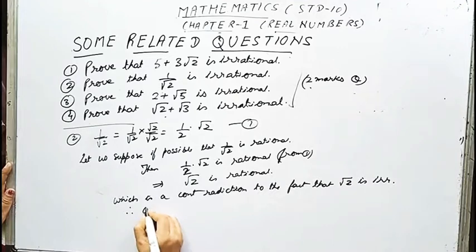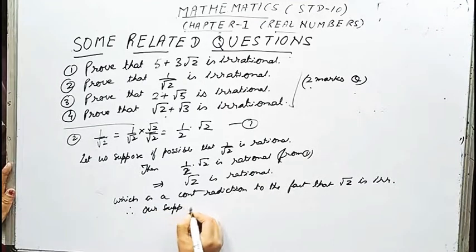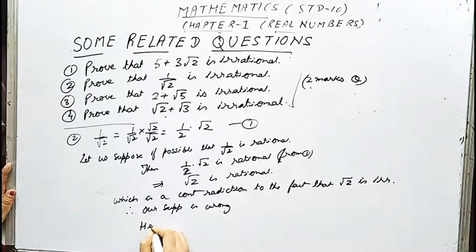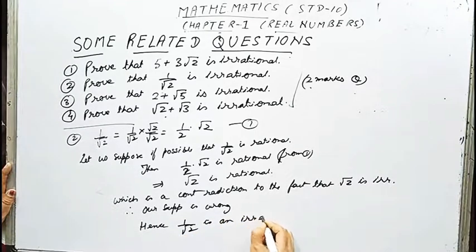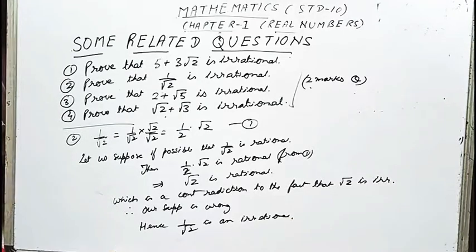Therefore, same story, our supposition is wrong, hence 1 by root 2 is an irrational number. Let us go to the third question.